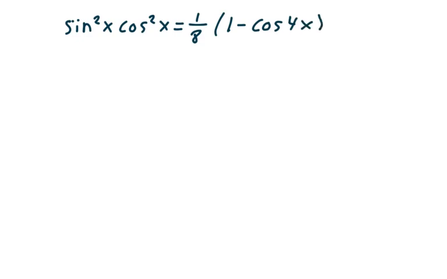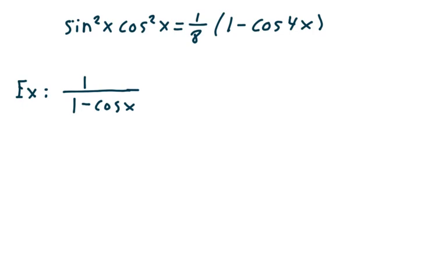Now, one tip that I want to give you, when you see something like this, and I give you 1 over 1 minus cosine x, a very standard technique is to multiply the numerator and denominator by the conjugate of the denominator.